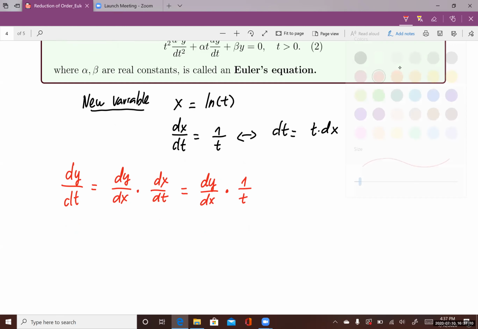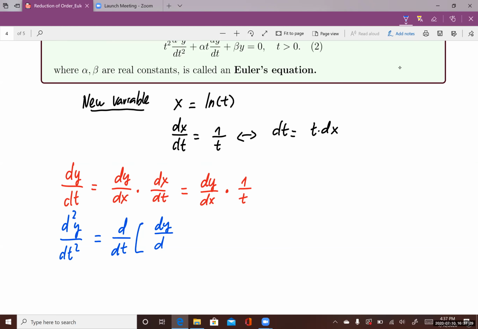Now go to the second derivative, d squared y over dt squared. The second derivative of y in terms of t equals the derivative of the first derivative, which is dy over dx times 1 over t.